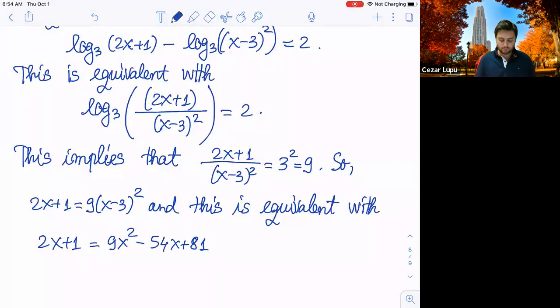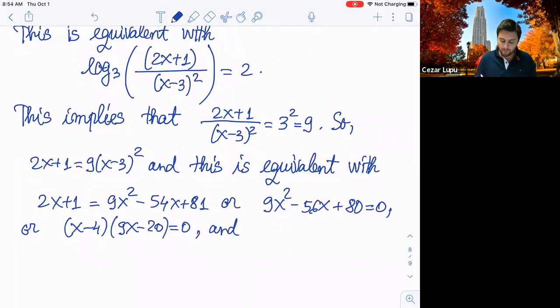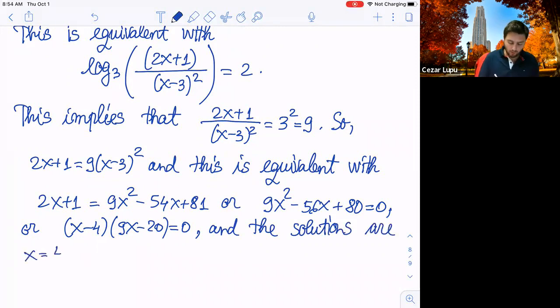Or we will have that 9x squared minus 56x plus 80 equals 0. Or equivalently, (x minus 4) times (9x minus 20) equals 0. And the solutions are the following: x equals 4 or x equals 20 over 9.